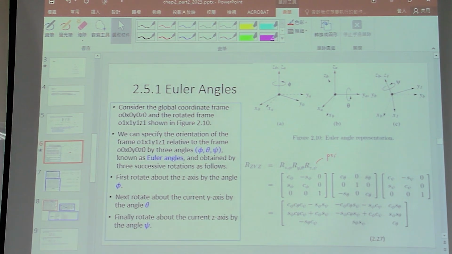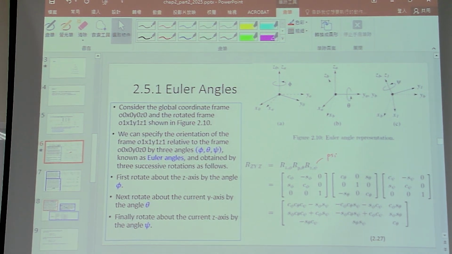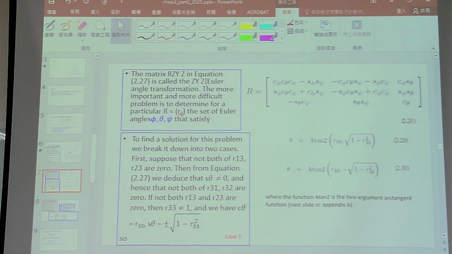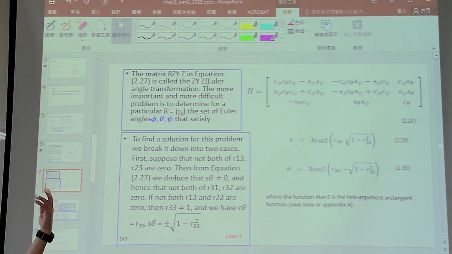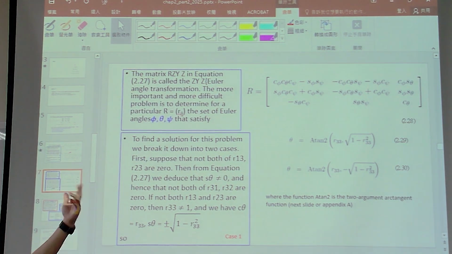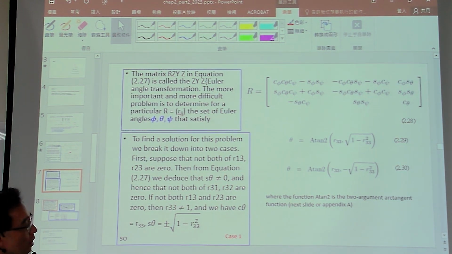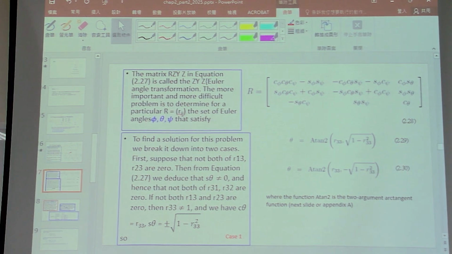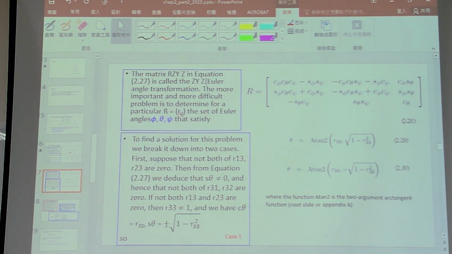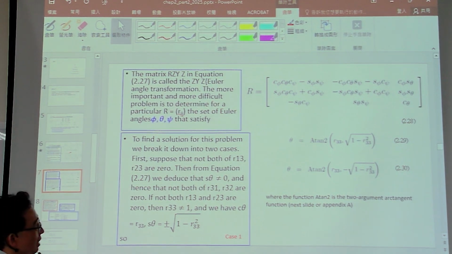And this textbook is great. It just provides you one of the solutions over there. For example, we have a theta angle, right? So it tells you just use R33. What is R33? It's the location in the matrix. Where is R33? Yeah, okay, cosine theta.